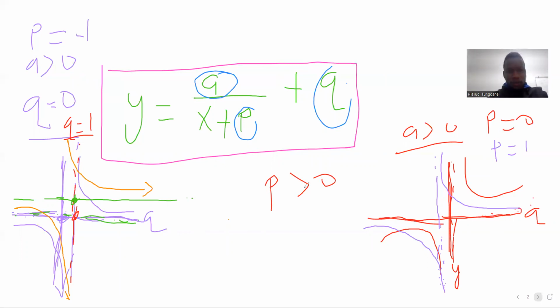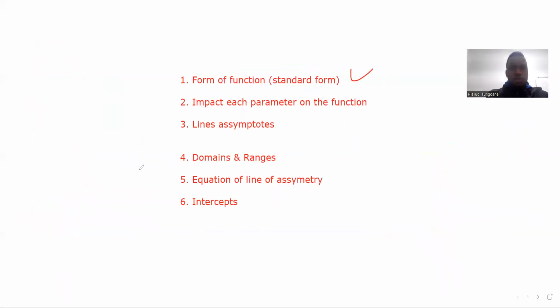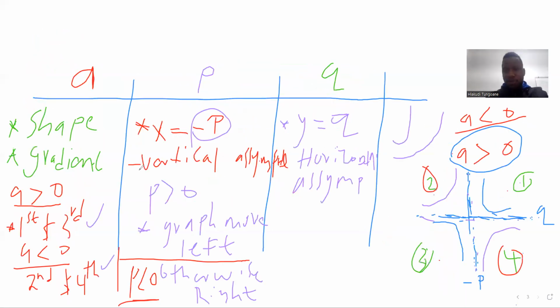And then we talked about lines of asymptotes, right? Okay, maybe let's talk about domains. You can come back to lines of asymptotes. So the impact of each parameter, we covered that.